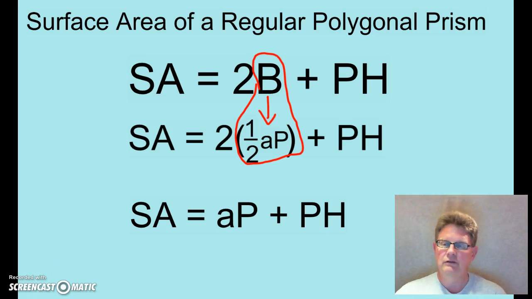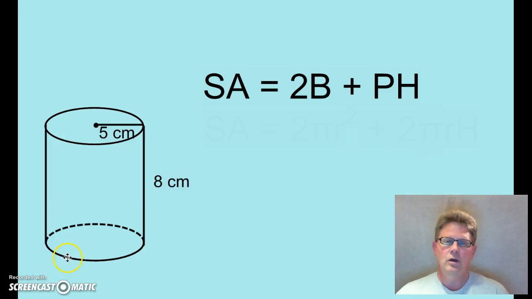Alright, it's now time to move on to cylinders. Okay, here we are. We've got a nice beautiful cylinder. Now, what is the base of this cylinder? It's a circle.